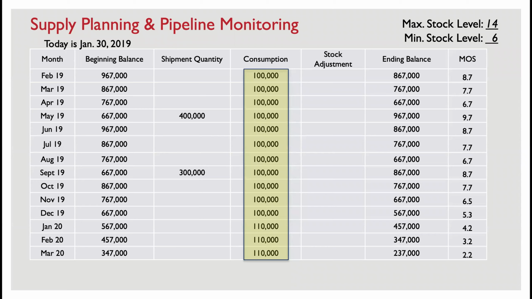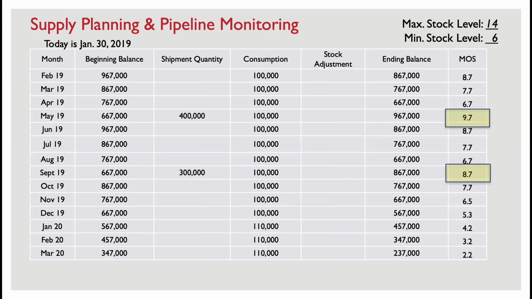Also notice that we forecasted that consumption would increase in 2020. Keep in mind that the months of stock calculations when forecasting and supply planning are based on an average monthly consumption that is calculated using the current month and the next 2 future months, as Barbara mentioned earlier, adding expected consumption for those 3 months and dividing by 3.